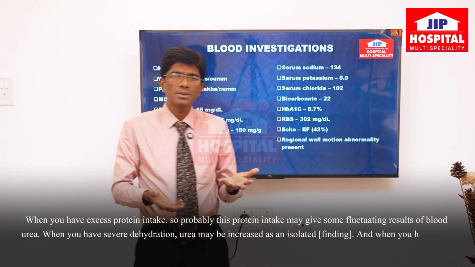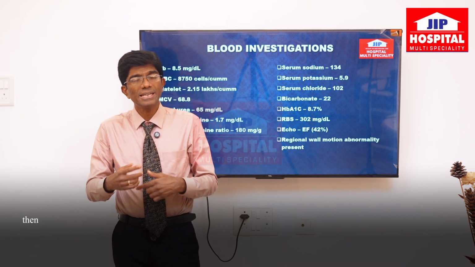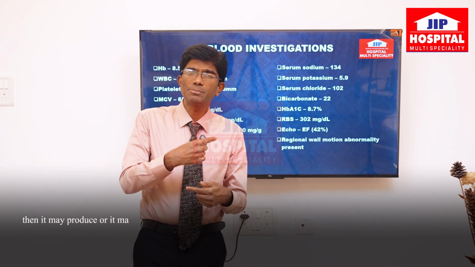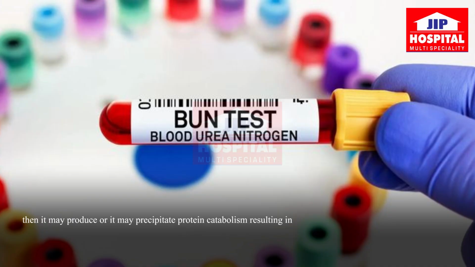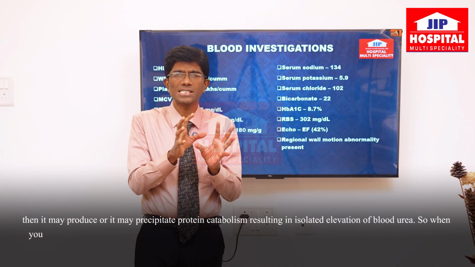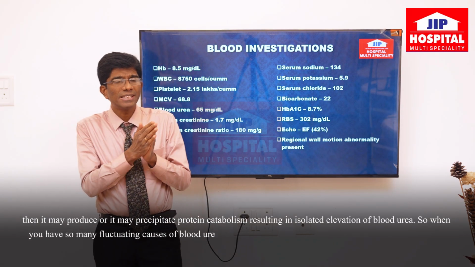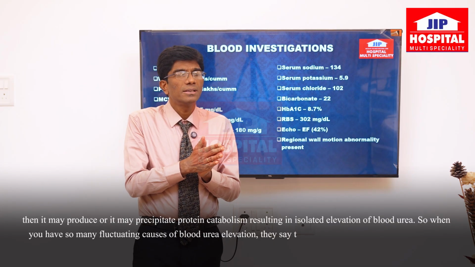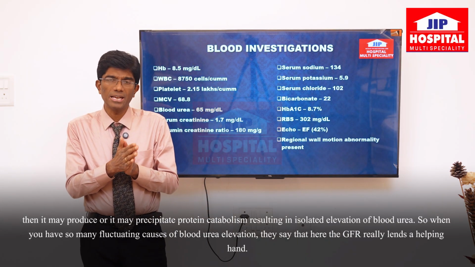And when you have more corticosteroid intake, it may precipitate protein catabolism, resulting in isolated elevation of blood urea. So when you have so many fluctuating causes of blood urea elevation, here the GFR really lends a helping hand.